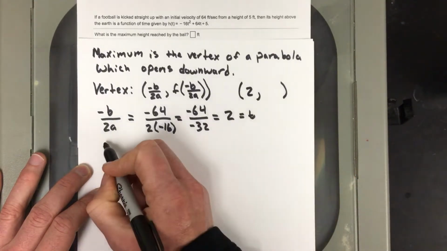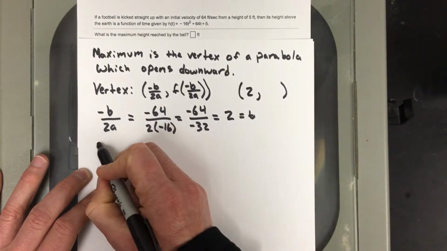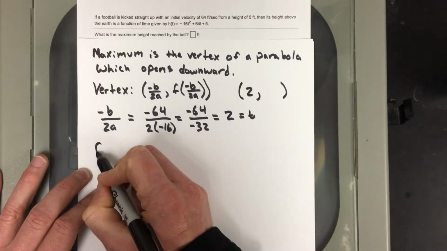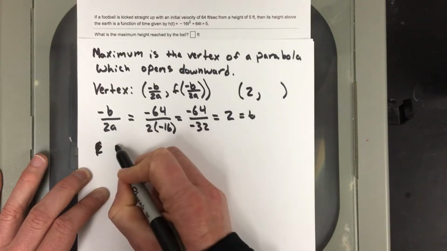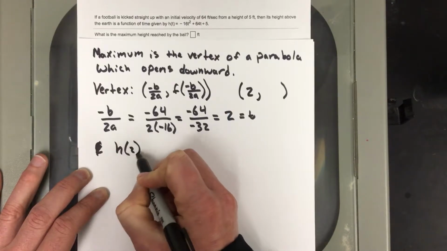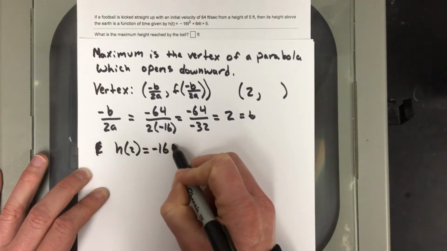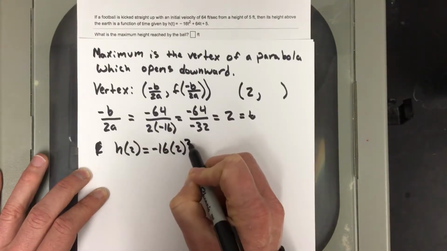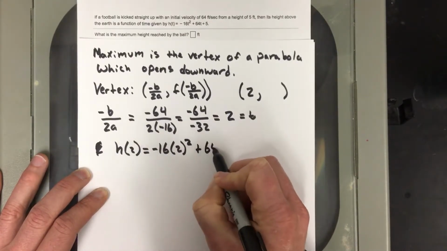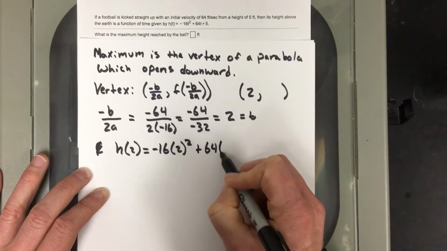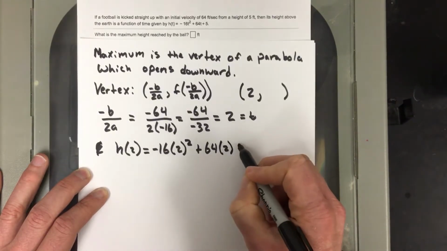So now I'm going to evaluate this function. In this case, h of 2 equals negative 16 times 2 squared, plus 64 times 2 plus 5.